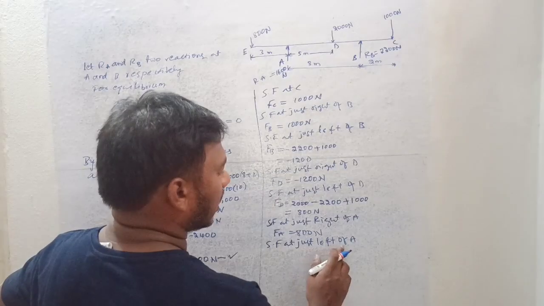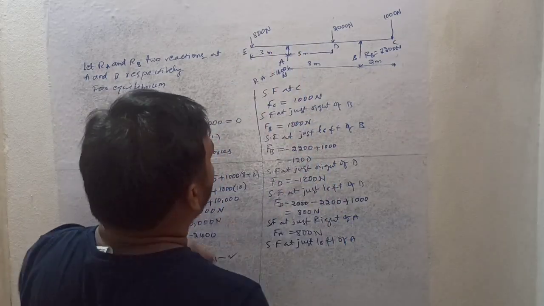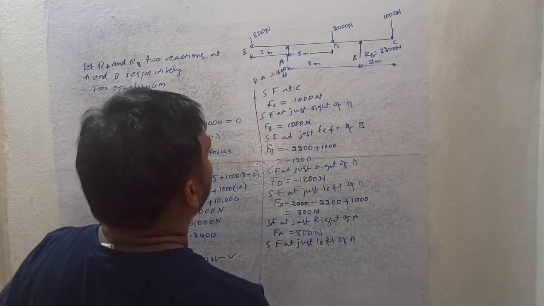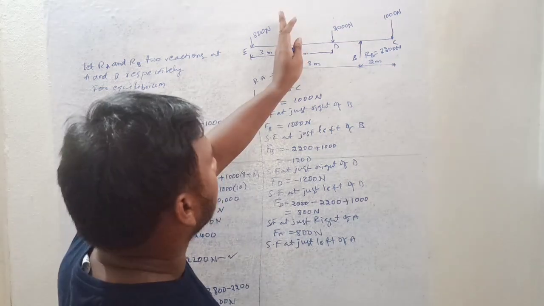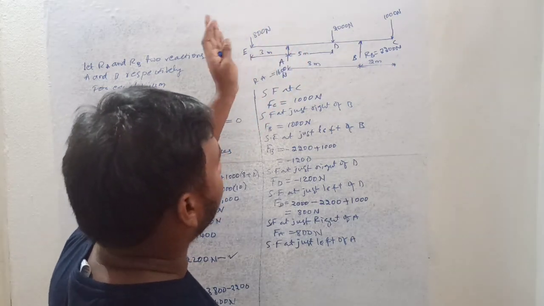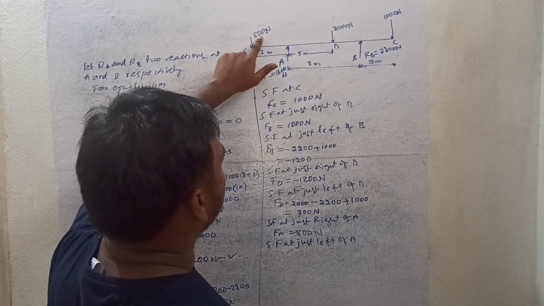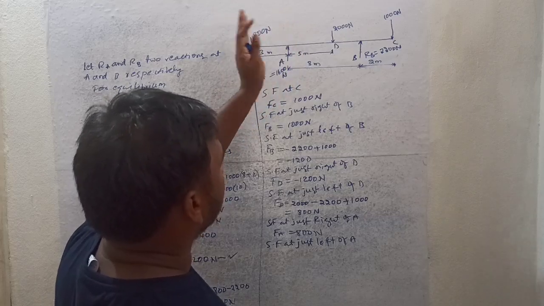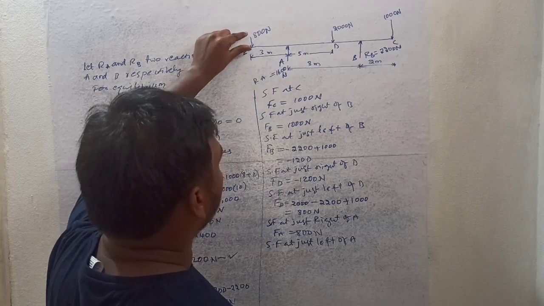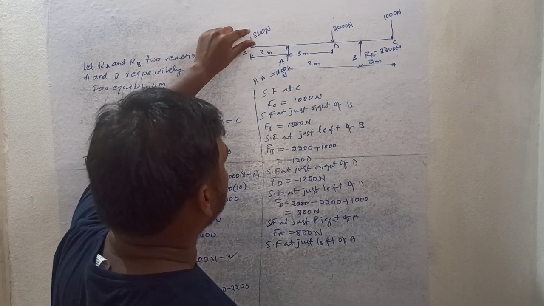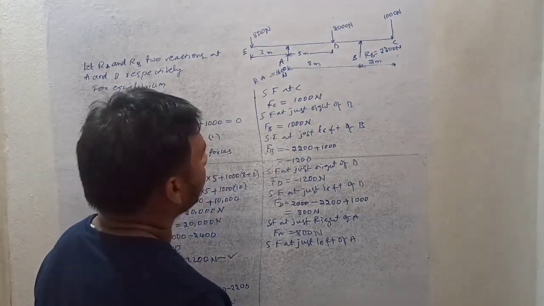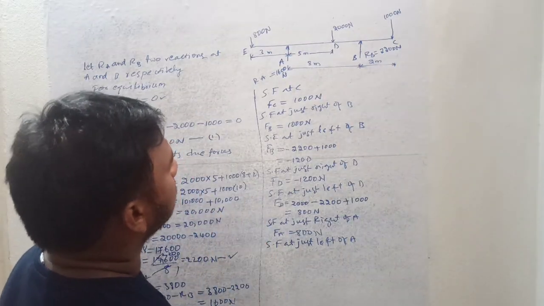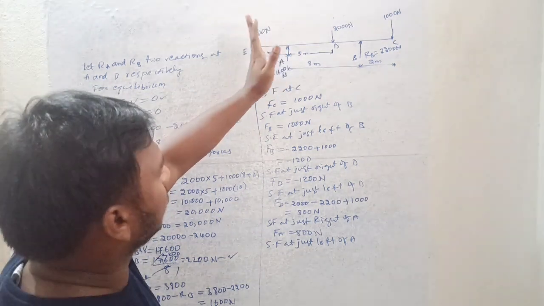And for the shear force just left of A, if I take the left of the cross section, then 800 newtons is acting and it is downward. If we take a cross section somewhere and take the left of it, we have to apply the sign convention.